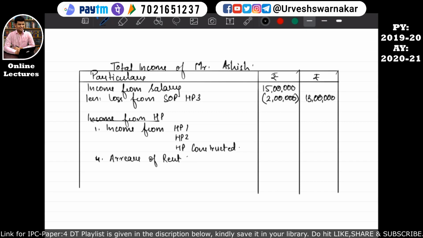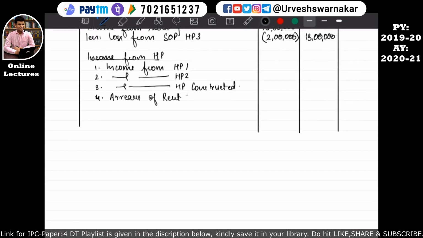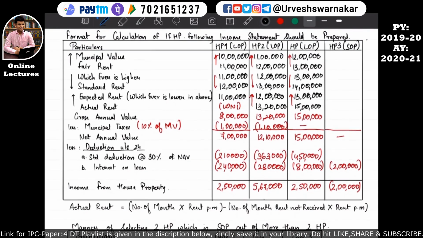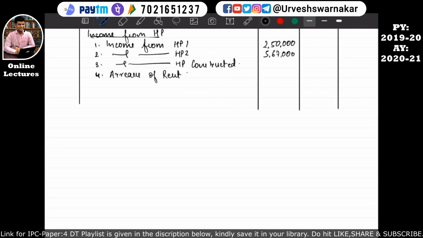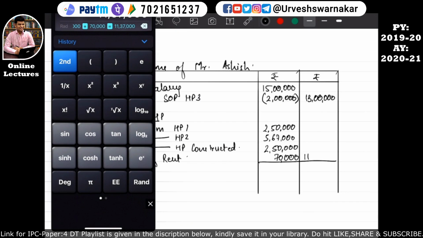Which were 2,50,000, 5,67,000, 2,50,000 in case of house property constructed, and arrears of rent was 70,000, and finally our amount came to around 11,37,000. I hope this is quite clear.